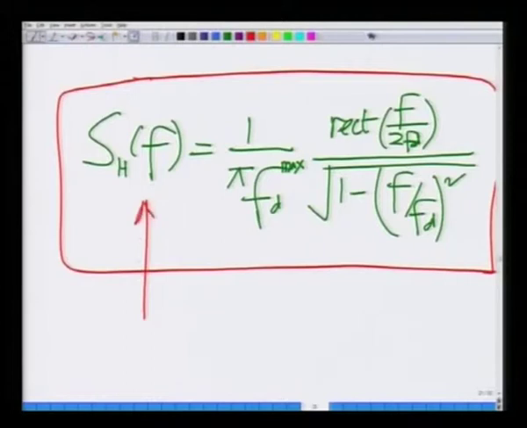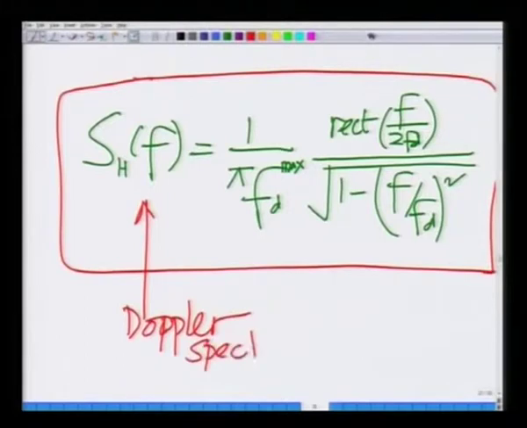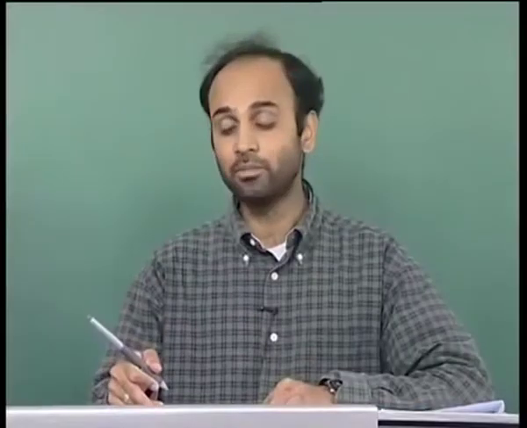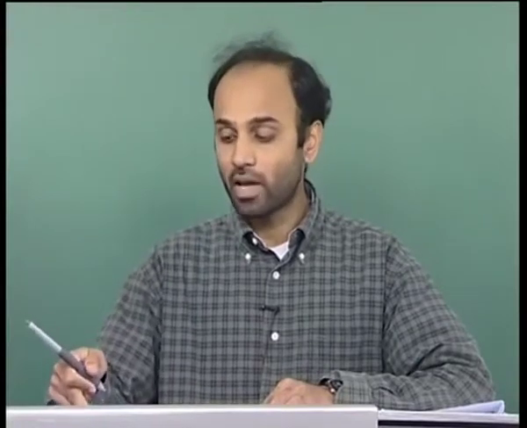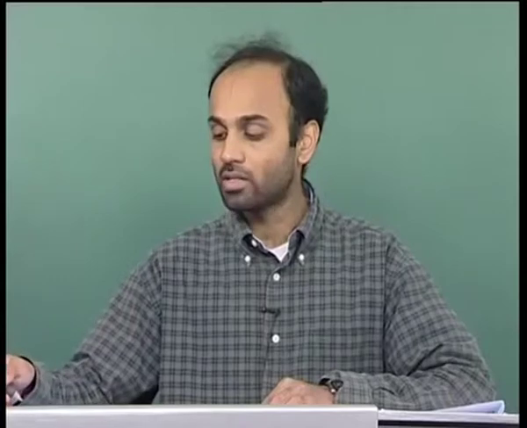This is the Doppler spectrum, the Fourier transform of the correlation function, which in our case is a Bessel function, and can be written as 1 over pi f d, rect of f over 2 f d, times 1 over the square root of 1 minus f over f d squared.